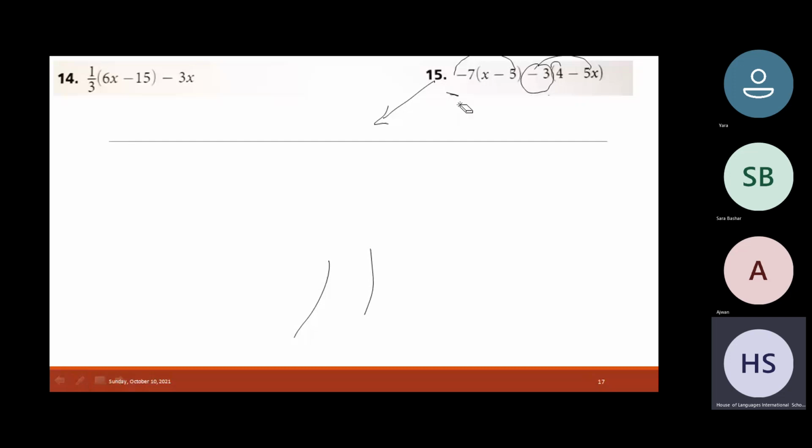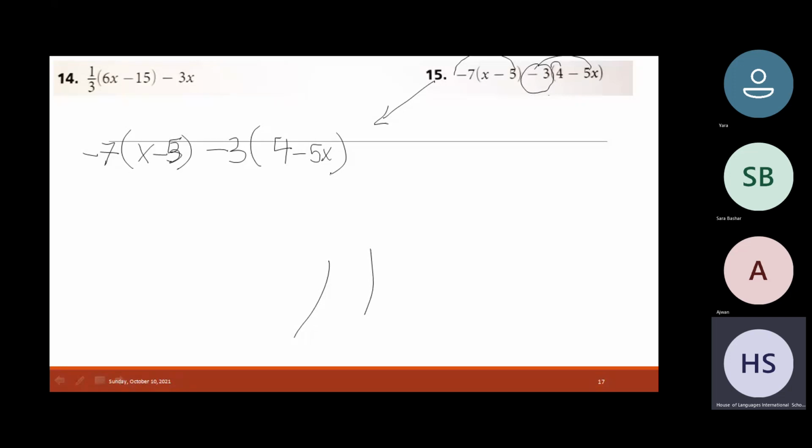Look, please, grade 7, don't write anything. Just keep your eyes on the board. Here, what do we have? Negative 7 times x minus 5, minus 3 times 4 minus 5x. Now, what you have to do here?